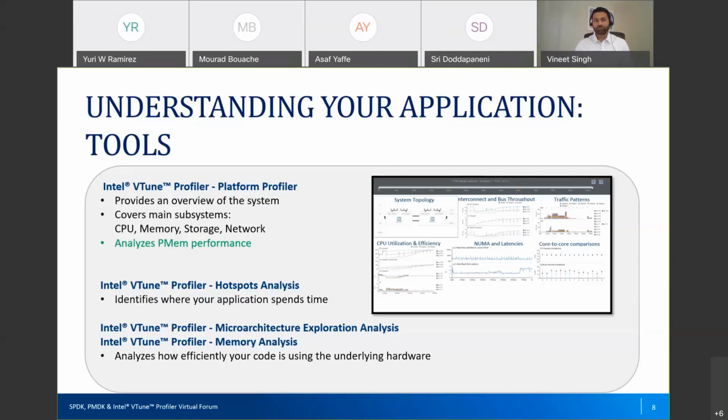So with VTune Platform Profiler, what we have tried to do is give you an entire picture of the system. What are the components on the system? What are the resources available? Plus, how is your application using those resources?